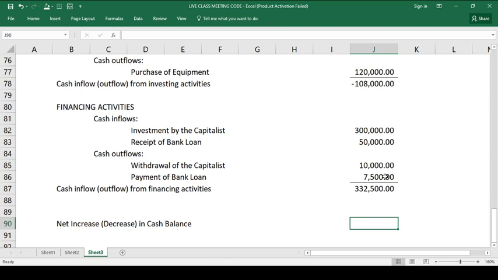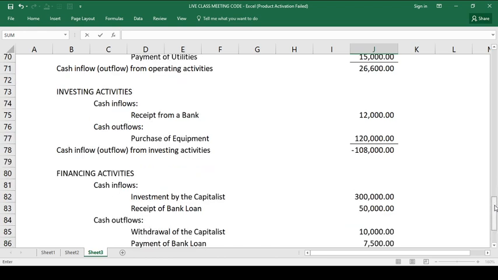Again, the net increase or decrease in cash balance must equal to the difference of the beginning balance and the ending balance.